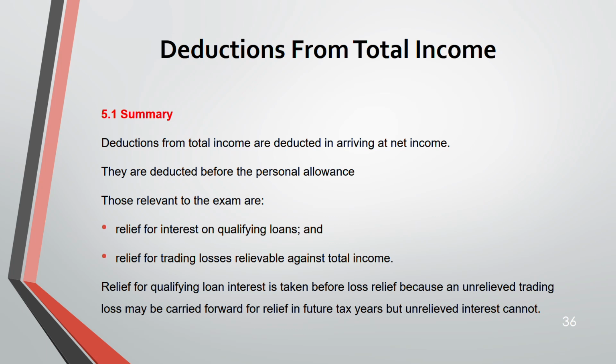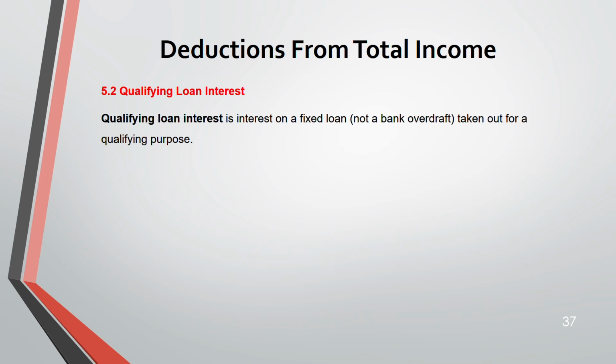Why? Because unrelieved trading loss you can carry forward in future to get a relief against the income, but unrelieved interest you can't carry it forward. It will be wasted. That's why that is relieved first. So first qualifying loan, then trading loss, then personal allowance. This is the order.